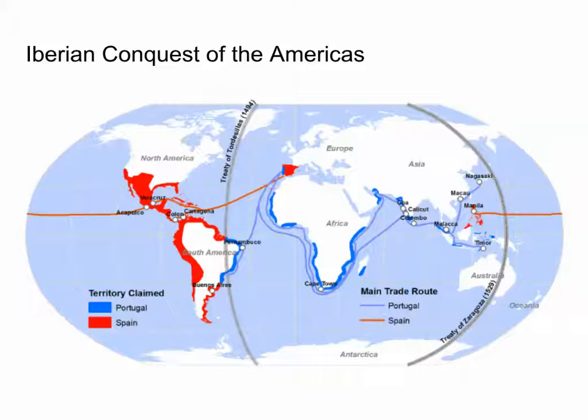Everything west of that, and again in 1494 we didn't know what was west of that, but everything west of that became Spanish. So the irony of this, of course, is that the Portuguese were somewhat more aggressive in this, and they thought they got the better end of the deal, and in some respects they did because they got the east direction as well. They got all of what we today would call the East Asian region.